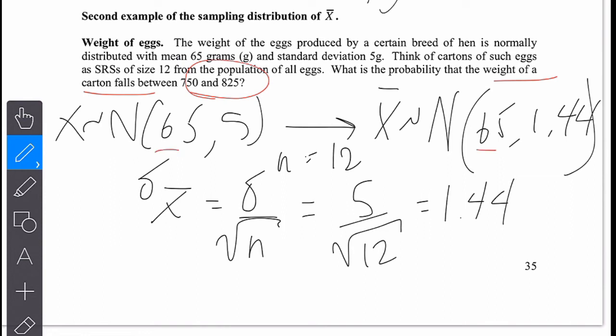So I want to use the information that I derived. That means I need to frame the question so that I can adopt this information. The question has to be about the average weight of an egg in the carton, not the weight of the carton.